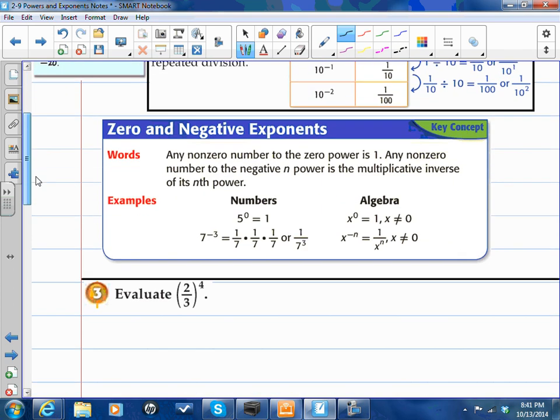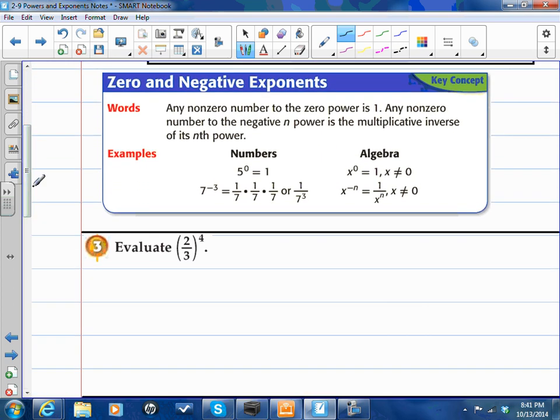Following along on page 127, we see that any number to the power of 0 is 1. This is something I make my 8th graders repeat over and over again later in the year. Any non-zero number to the 0 power is 1. So I could put any number. It could be 4 to the 0 power, and that's going to equal 1.